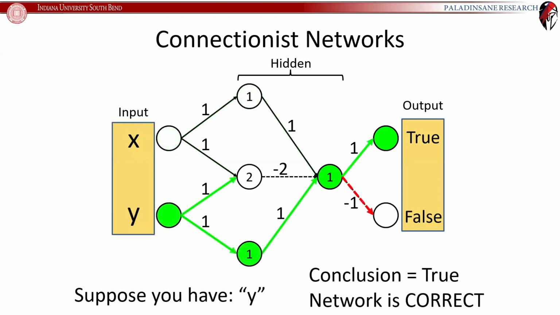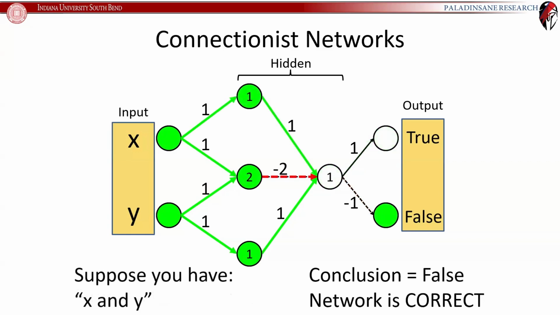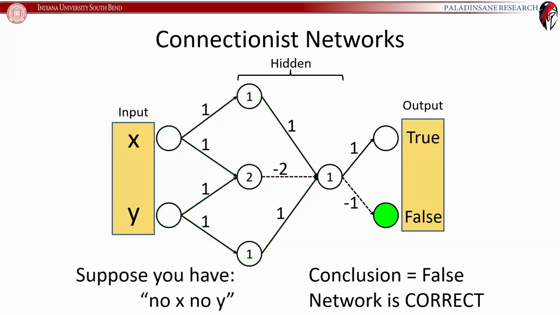If you only choose Y, yes, you have followed the rule. If you choose both X and Y, no, you have not followed the rule. And if you don't choose either, also no, you have not followed that rule. So that's a very simple model that we just went through and kind of ran through. But this is the basic idea of what is going on in connectionist models.